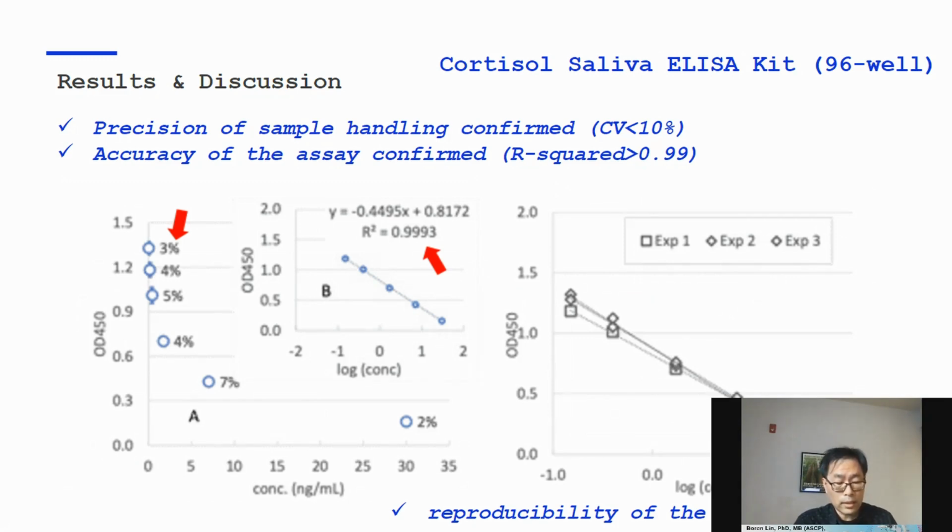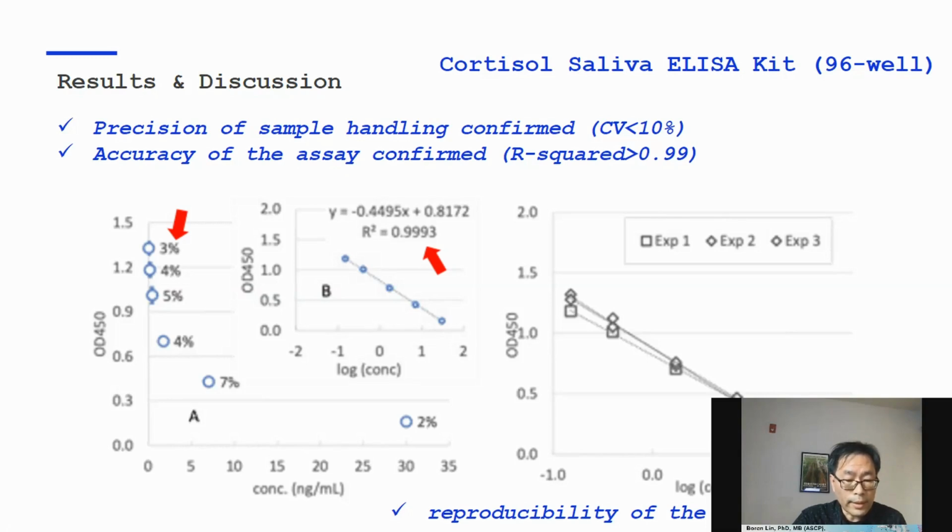And this slide summarizes the results from the ELISA for the cortisol test. This is a competitive ELISA, so the signal produced is inversely proportional to the cortisol concentration in the sample, which again was prepared by making two-fold dilutions of purified human cortisol.